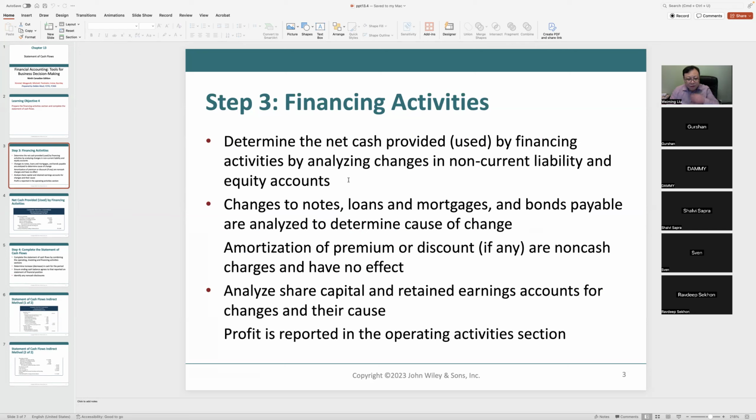So for example, you have notes, loans, mortgages, and bonds payable. Okay, so these are all long-term liabilities. Accounts payable is a current liability, but notes payable, loans payable, mortgage payable, and bonds payable will be non-current, long-term liabilities. The changes in these accounts will be relevant to the financing activities.